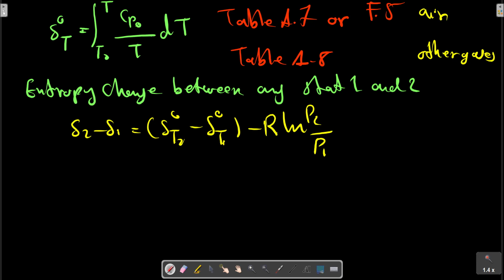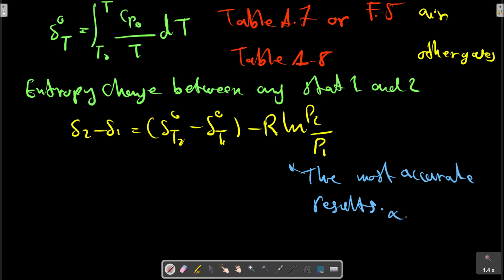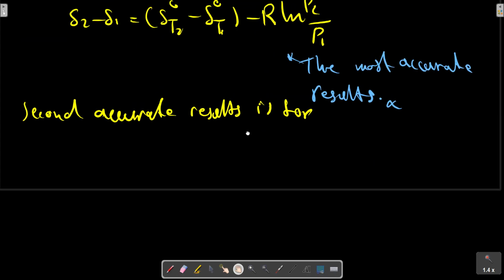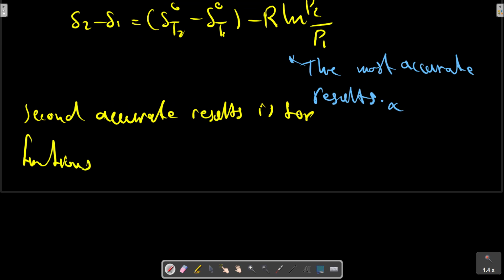As with the energy function discussed in the previous section, the ideal gas tables, tables A7 and A8, would give the most accurate results, and the equations listed in table A6 would give a close empirical approximation, the second most accurate.